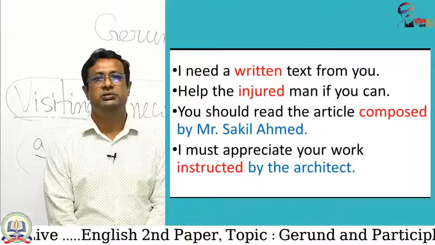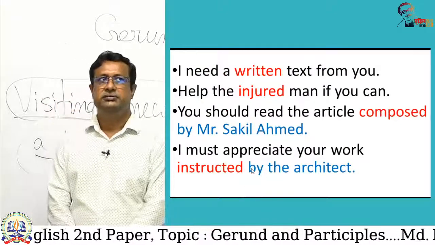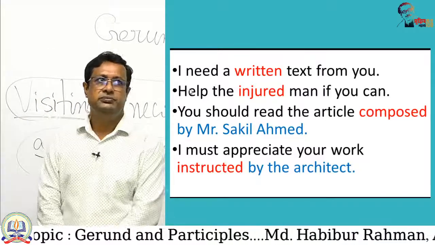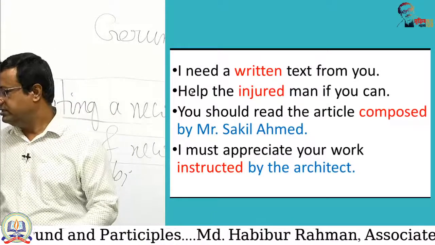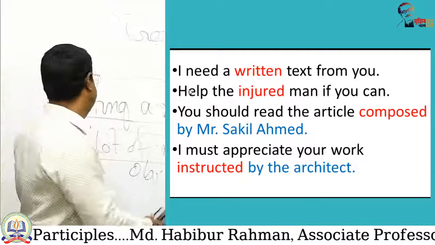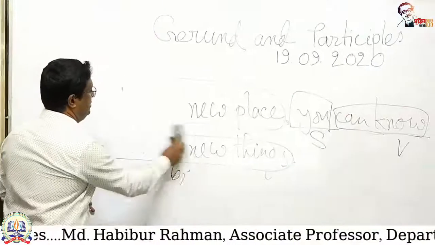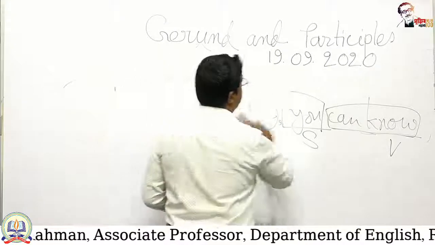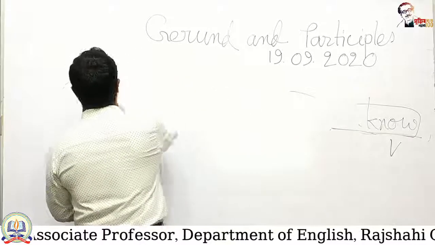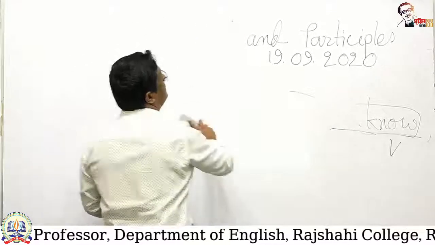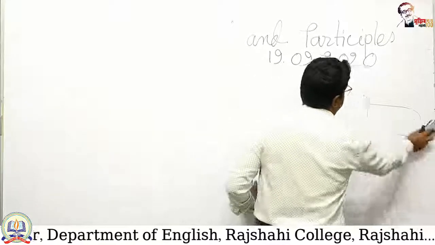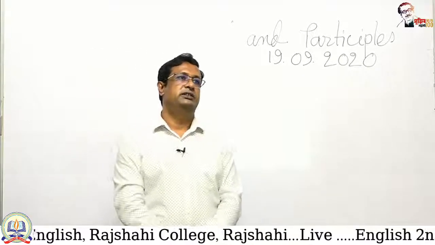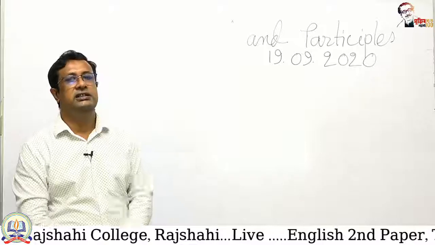So next we should see another thing, that is the past participle. Past participles have certain other uses, and past participles are also modifiers. We know the use of past participles from the time when we learned tense. In present perfect tense, we have seen the use of the past participle, but we will see other uses too.